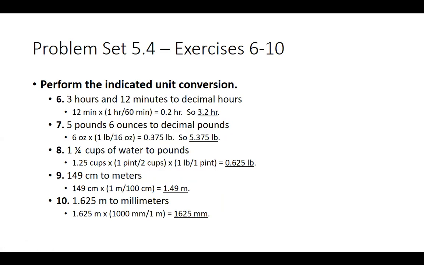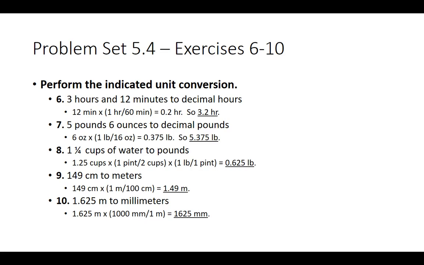Number 6, we're starting with 3 hours and 12 minutes, and we want to convert to decimal hours. So the 3 hours part of it is already in hours. We just need to convert the 12 minutes into hours. That's going to require a conversion factor with minutes on the bottom to cancel minutes away, hours on top to get us hours.